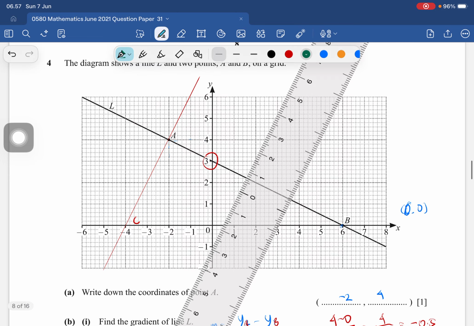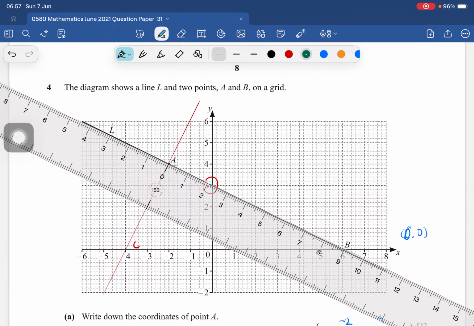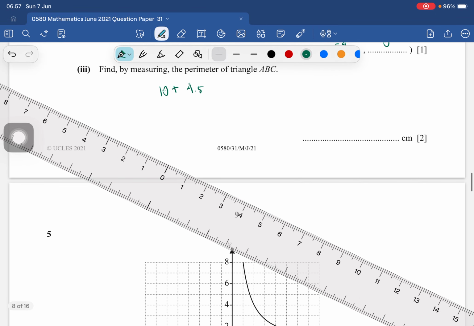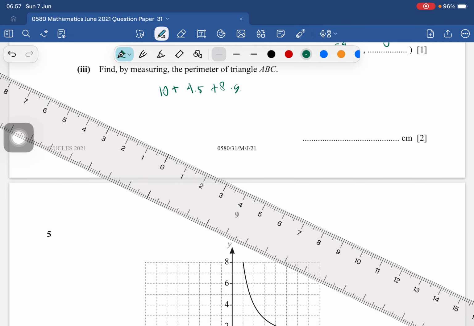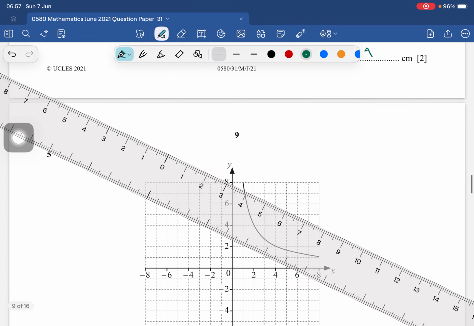Then A to B is 8.9. We make sure to use a ruler. Then we just add: 10 plus 4.5 plus 8.9, so the answer is 23.4. Okay, there it is. Thank you.